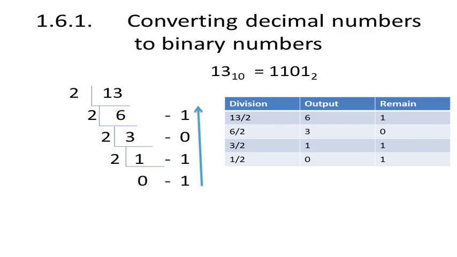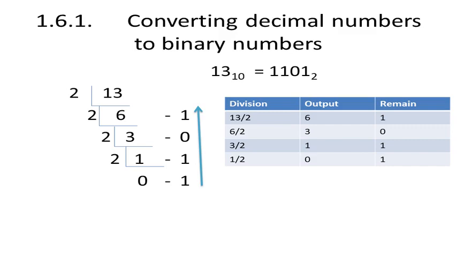When we divide 3 by 2, the answer is 1, remaining 1. Again 1 divided by 2, the answer is 0 and remaining 1. We start from the end of the calculation and write it as 1101 in base 2. That is the answer. 13 in the decimal number system is 1101 in the binary number system.